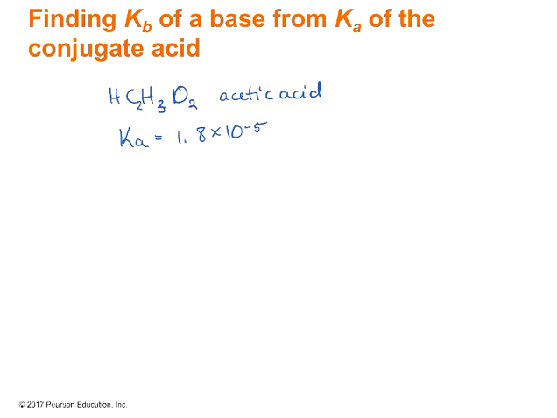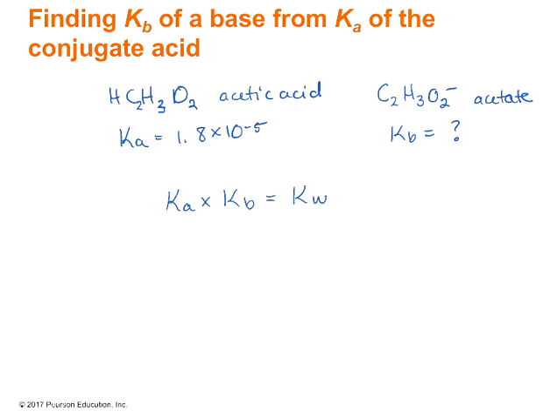And what if we want to try to find the Kb value of the conjugate base, which is acetate? Again, it's really hard to find Kb values in reference tables because we can just use that equation that we just derived in order to solve for Kb. So typically, reference tables will only give you the Ka values.